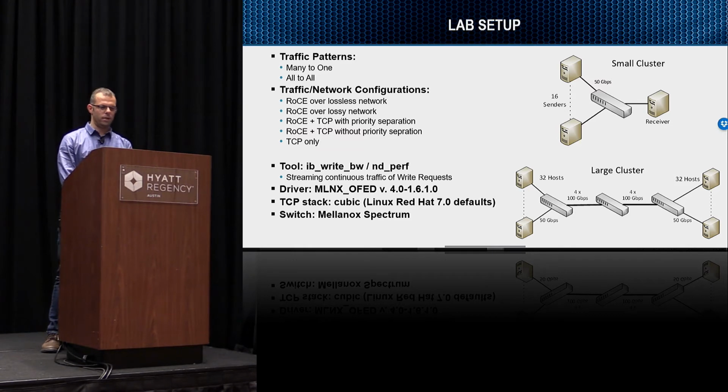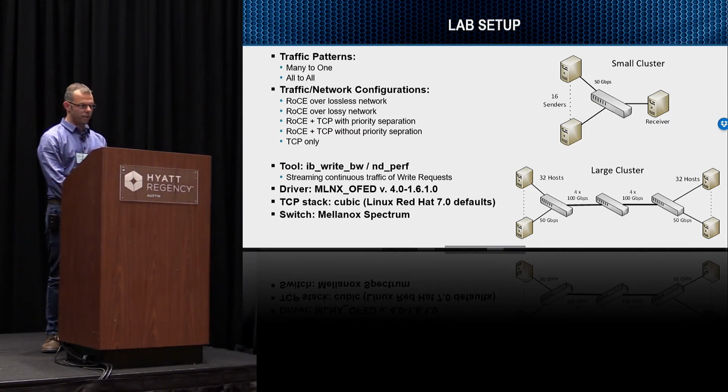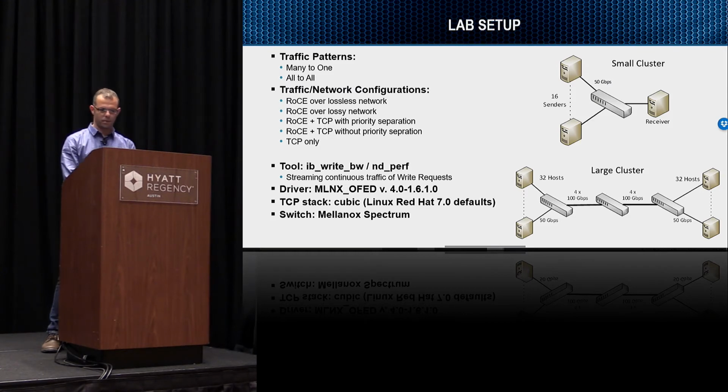We also tested RoCE and TCP combined on the same network without any priority configuration. And we also ran a TCP-only test to compare it to resilient RoCE. There are more details about the tests on the slide, which I will skip, but you can read them there.